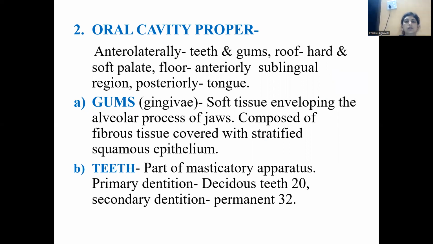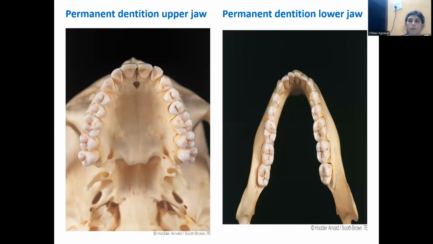Teeth form part of the masticatory apparatus. The primary dentition comprises 20 deciduous teeth, and the secondary dentition comprises 32 permanent teeth.